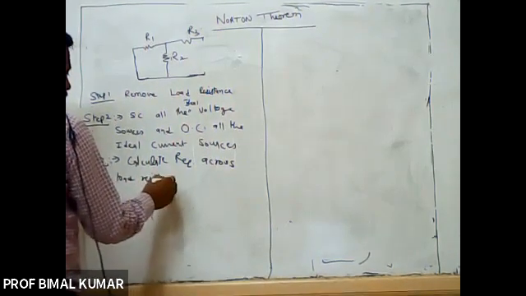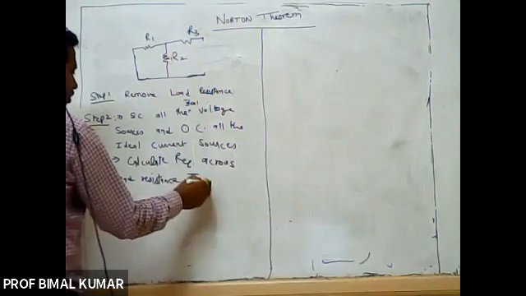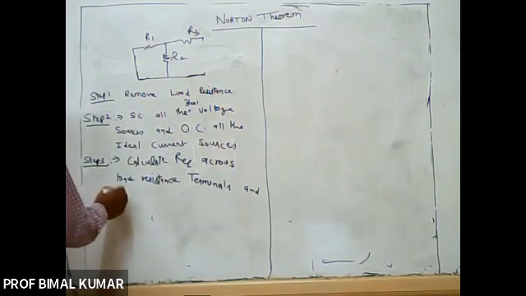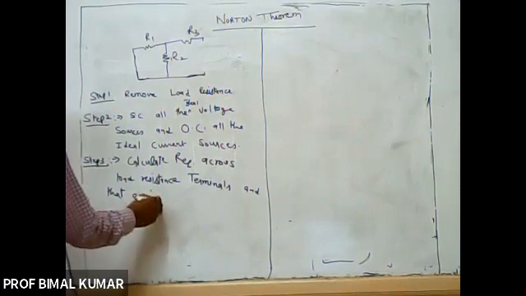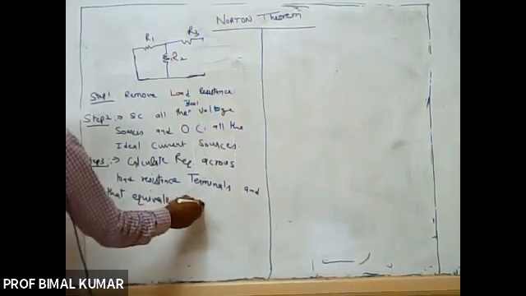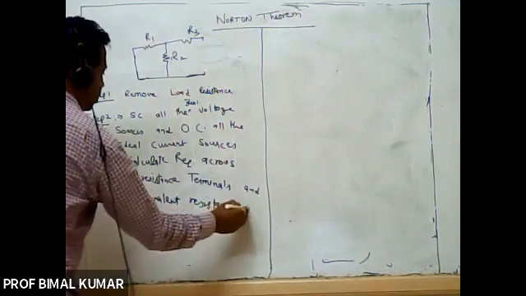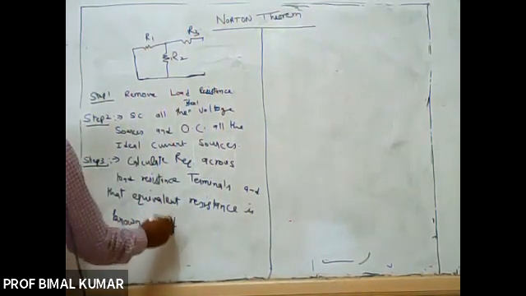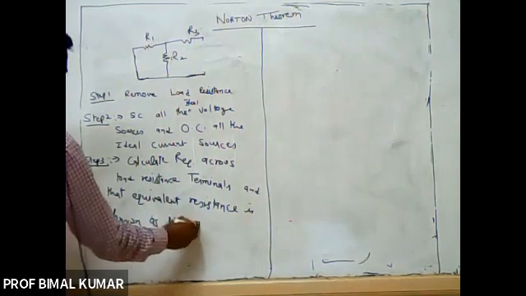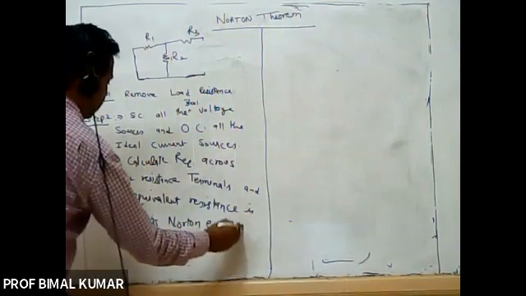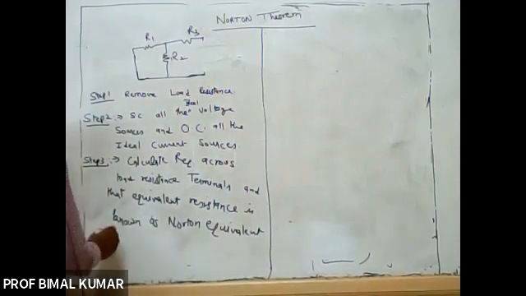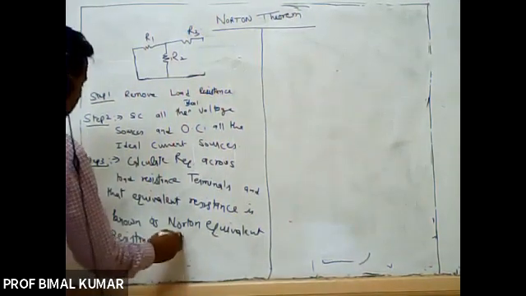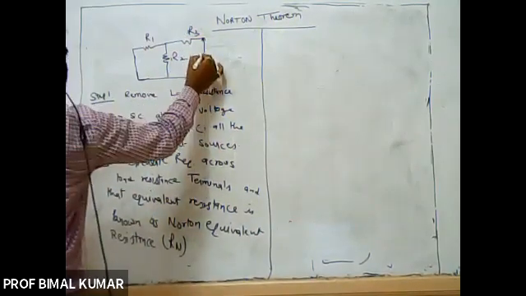That equivalent resistance is known as Norton equivalent resistance, and it is denoted by Rn. So here I may calculate Rn.